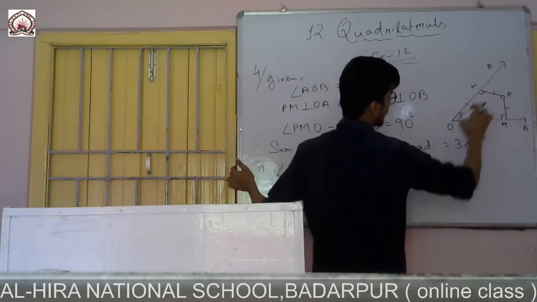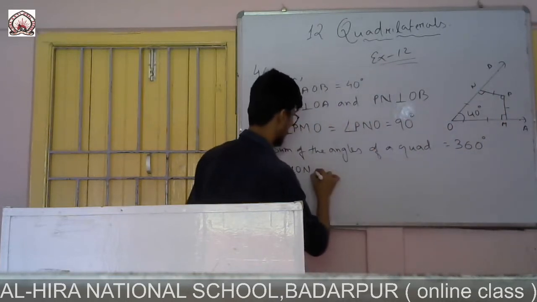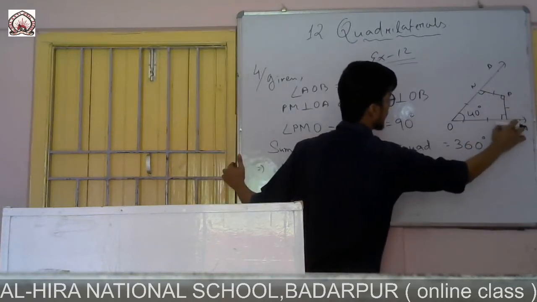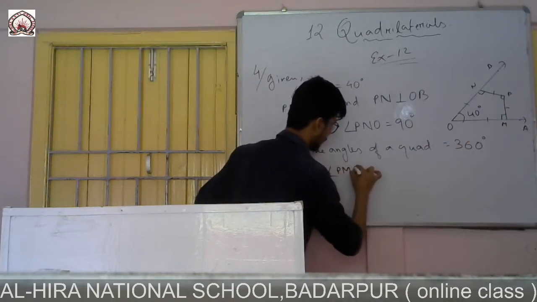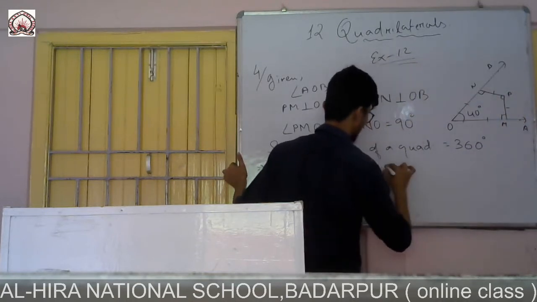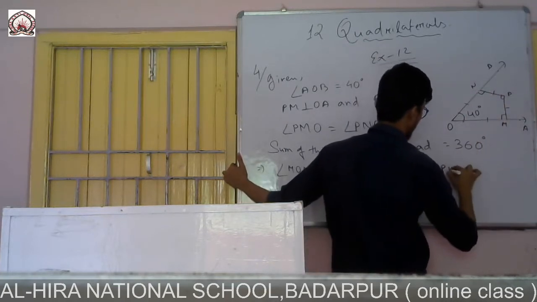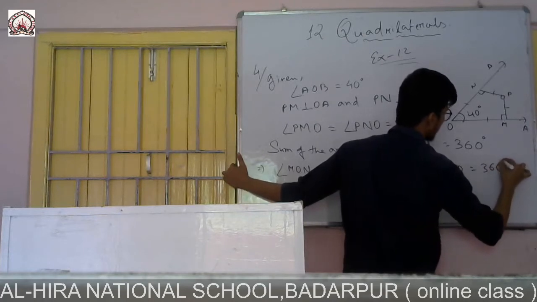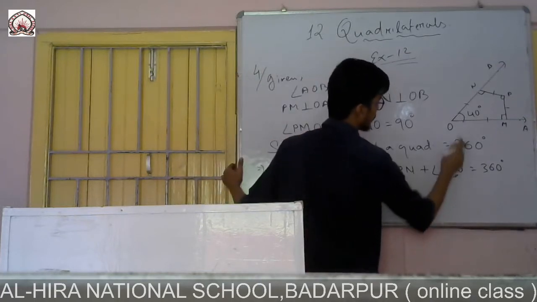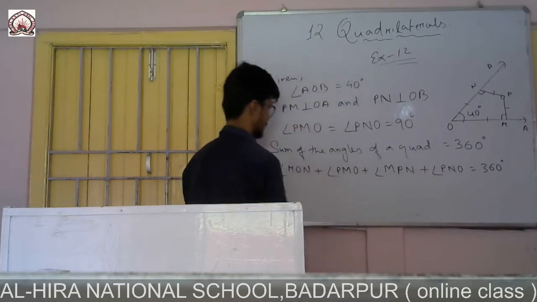Then angle PMO, plus angle MPN, the next one is PNO, equals 360 degrees. These are the 4 angles: first O, then M, then P, then N. OMPN. We write it like this in angles.